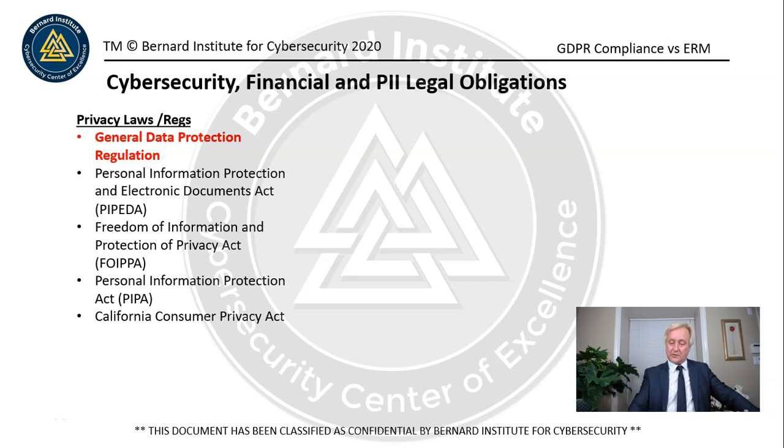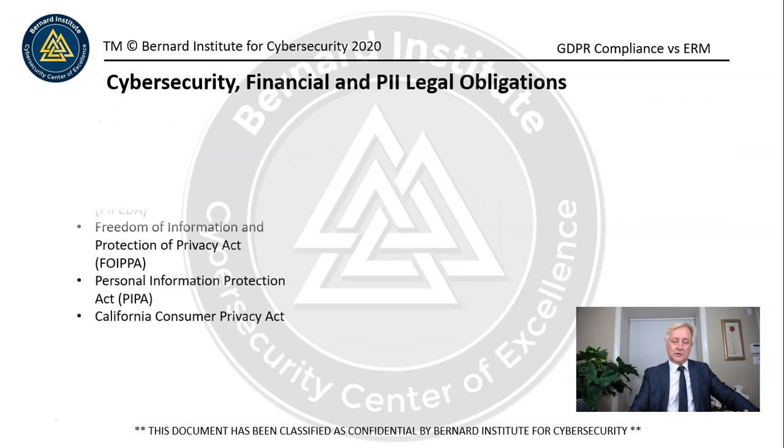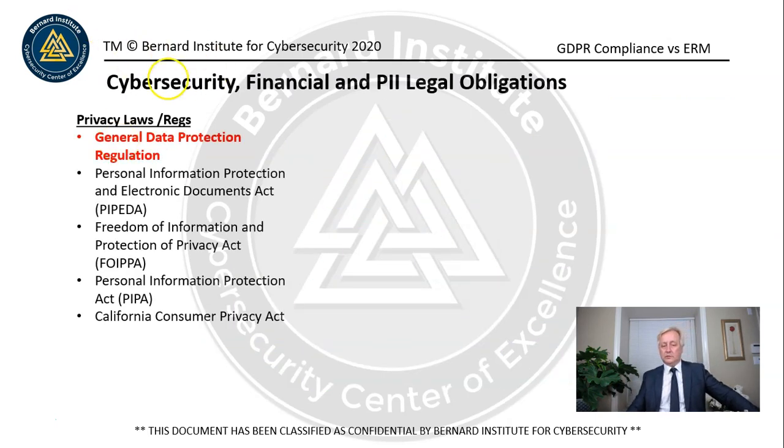So remember when we were talking about making a control registry? This is where it's going to come in handy, right? Because when we do our review, our privacy impact assessments and our risk assessments, we're going to find out that we have one piece of information, but we have 20 pieces of regulation or laws that are trying to apply control over that and protect it.